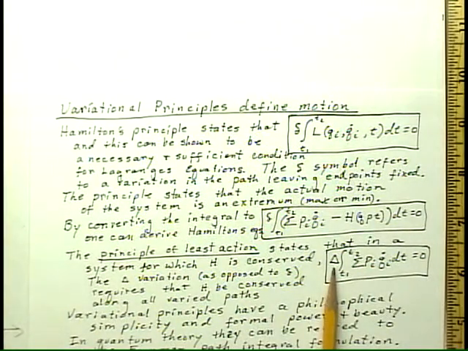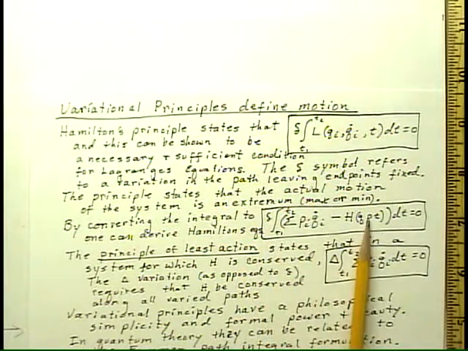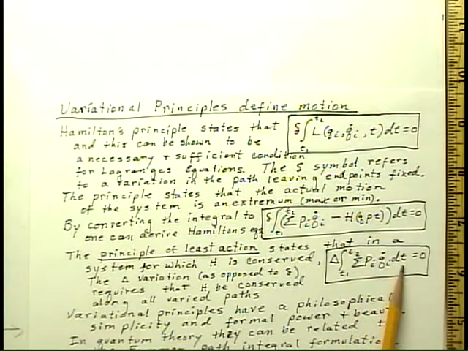Any change, and that's the variation that requires that H be conserved along the paths, therefore this term will vanish. The integral between t1 and t2 of the sum of p_i q_i dot summed over all i, integrated over all time between t1 and t2 is equal to zero.